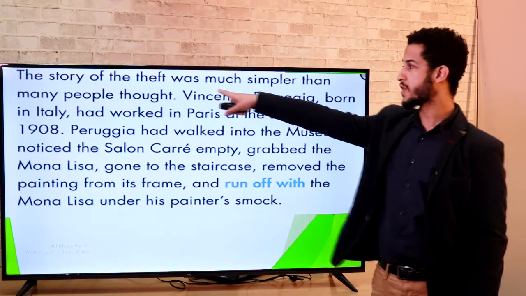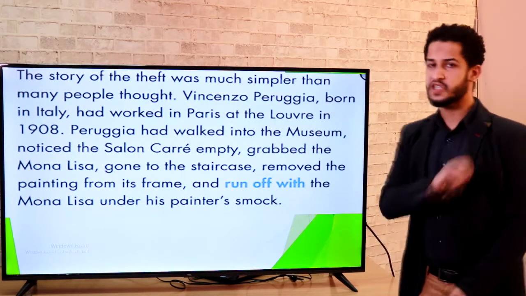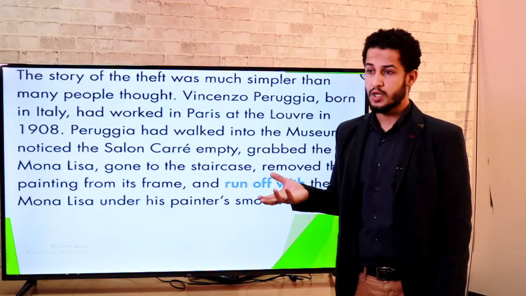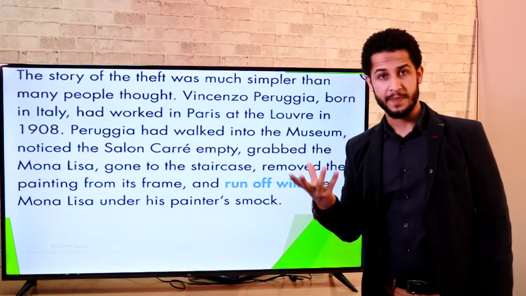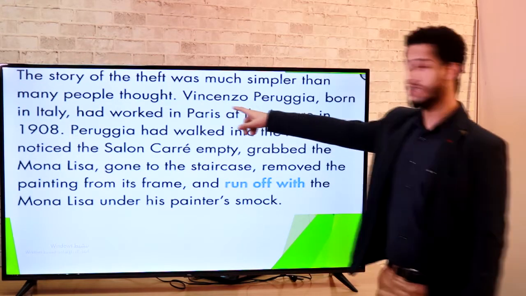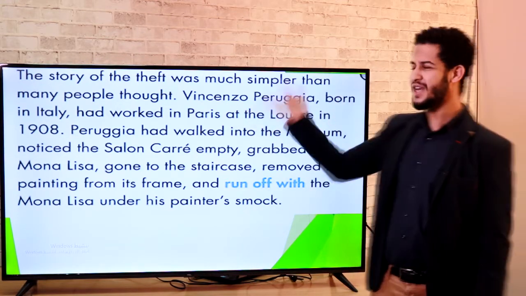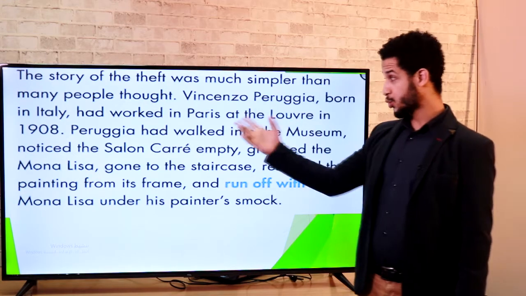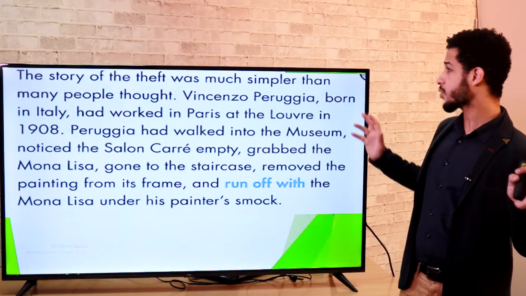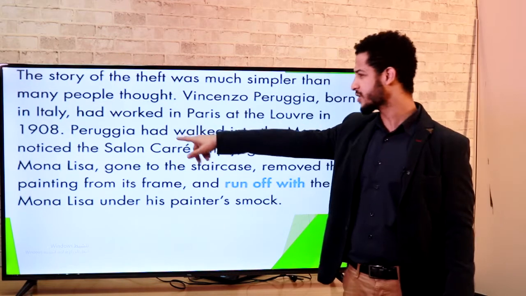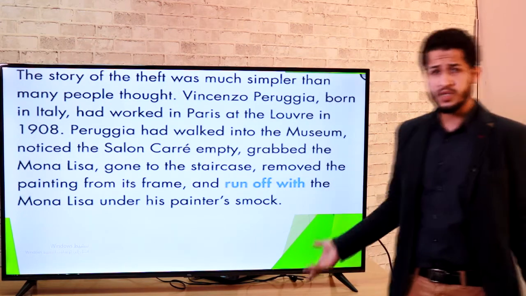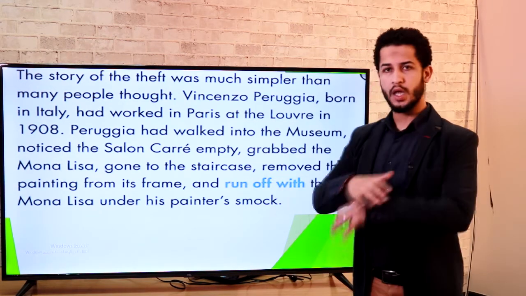The story of the theft was much simpler than many people thought. He's not an expert in crimes. It came by chance. How? Vincenzo Perugia, born in Italy, had worked in Paris at the Louvre. He worked in the museum, okay? In 1908, Perugia was walking into the museum and noticed the Salon Carré empty.